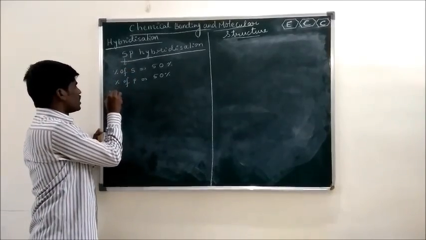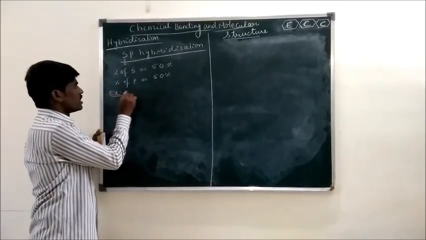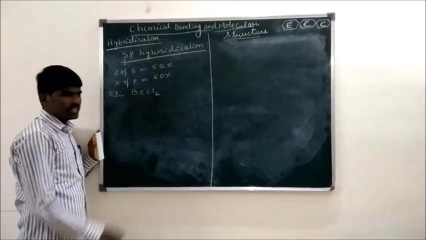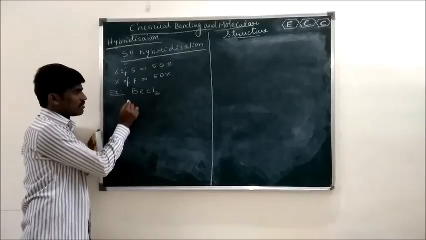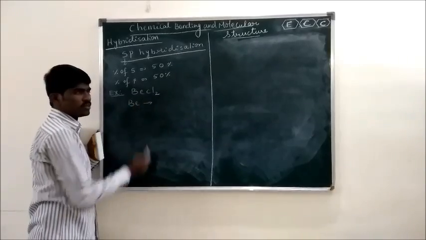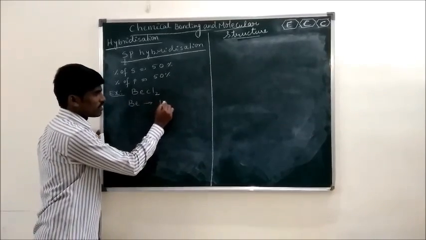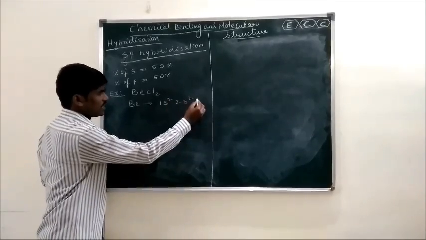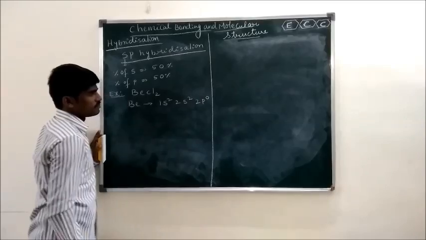I can help you understand sp hybridization with the help of an example, beryllium chloride, in which beryllium is the central atom. Beryllium atomic number is 4, electronic configuration is 1s2, 2s2, and 2p0.